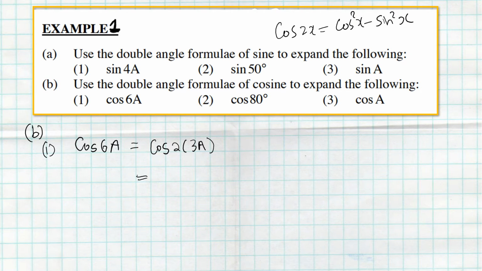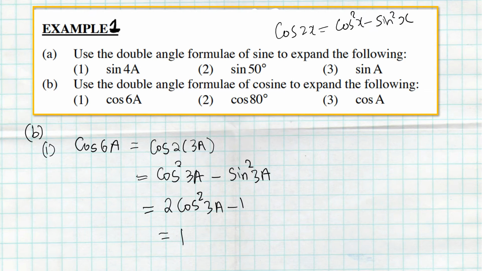So even this one will be the same as cos squared, we divide the angle by 2, so it will be 3A, minus sine squared 3A, right? Or someone can choose to write it like 2 cos squared 3A minus 1, or someone can say it's the same as 1 minus 2 sine squared 3A.